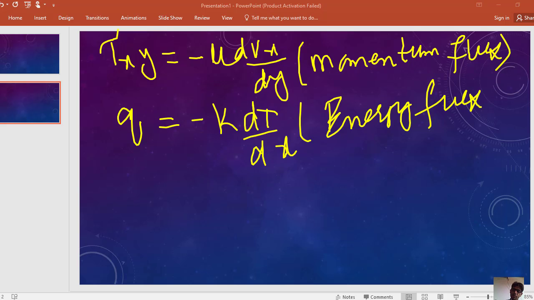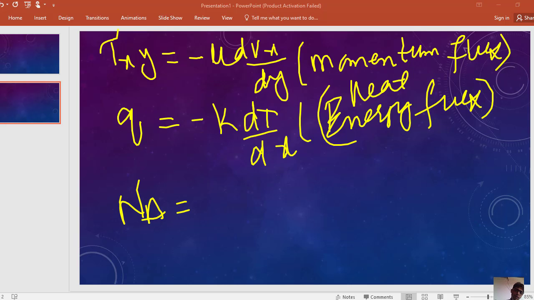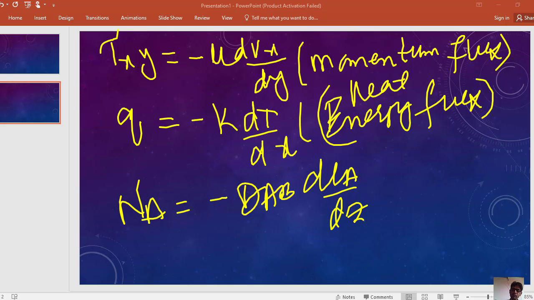Heat is a form of energy, so this is the energy or heat flux. The third one is the mass flux or molar flux, which is minus DAB dCA by dZ.